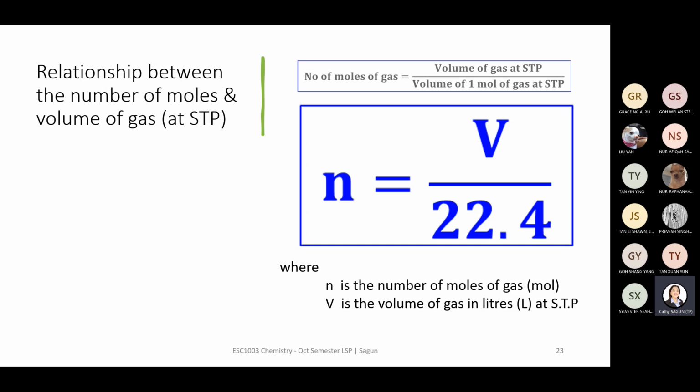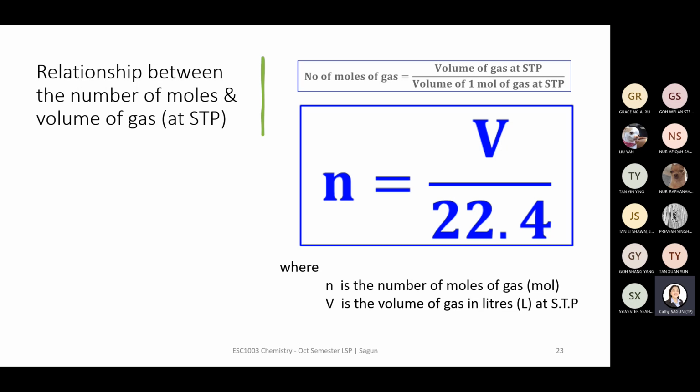So n is equal to V over 22.4. Okay, so let's say I tell you I have 44.8. That's the volume of the gas at STP. Then I ask you to calculate the number of moles. Then 44.8 divided by 22.4, what you will get is just 2.